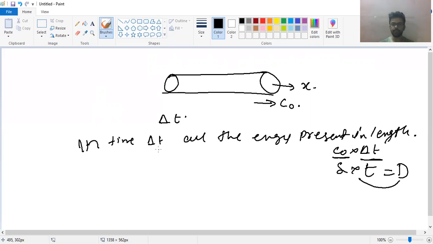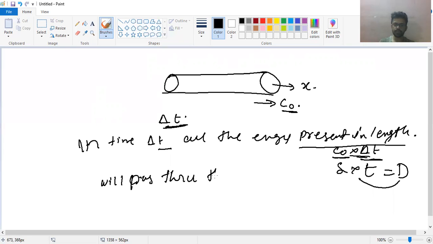So in time delta t, in some seconds or some minutes, all the energy present in the length c naught into delta t will pass through the cross section area in time delta t.